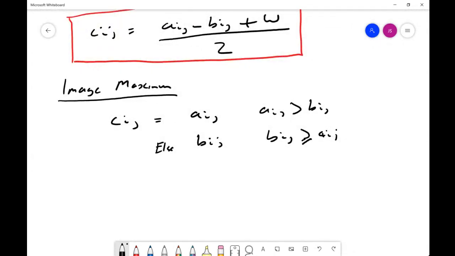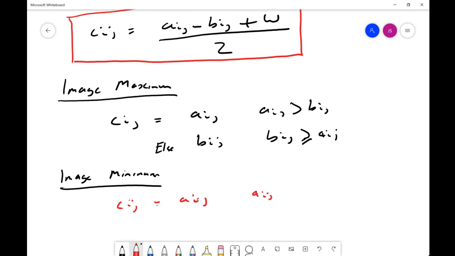And the other one is the image min, which is again simple. Hope you're still with me. Right, image minimum is going to be Cij equals Aij if Aij is less than Bij. Otherwise, it equals Bij if Bij is less than Aij.